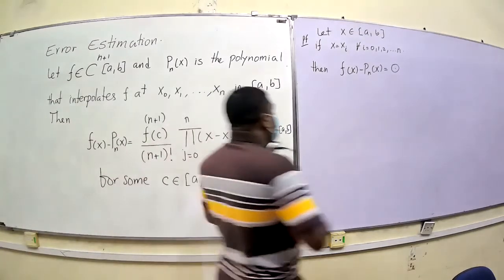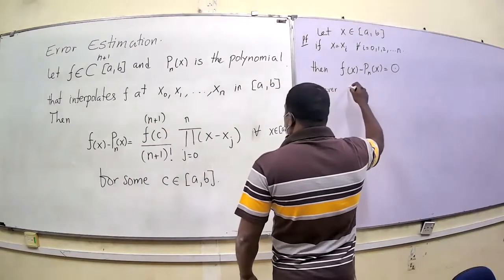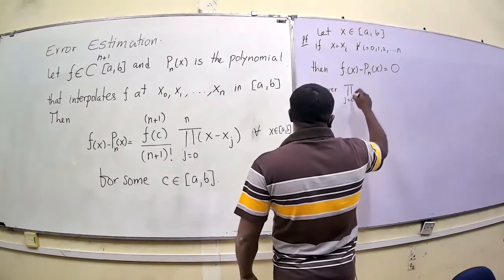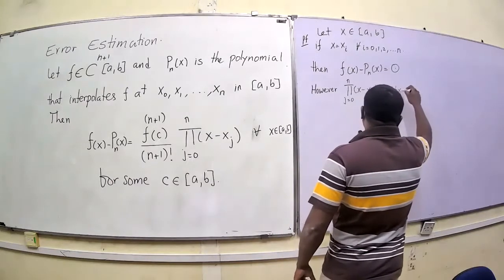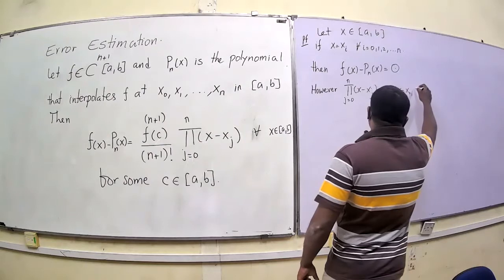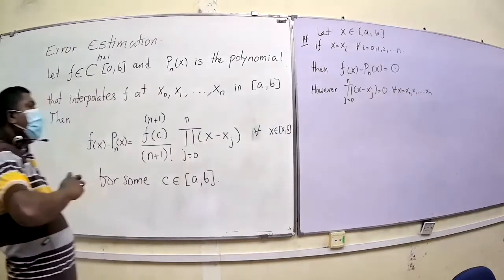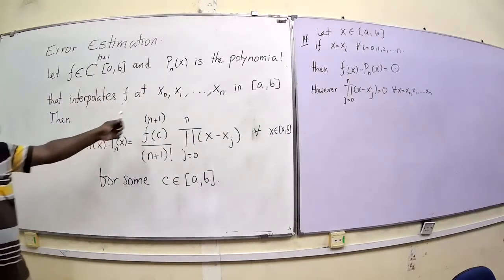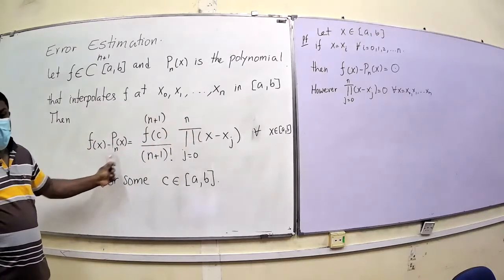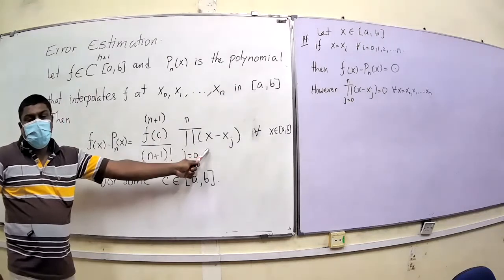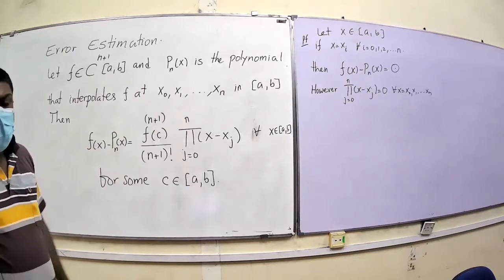So whenever x is one of those interpolating points, the left hand side is 0, and at the same time the right hand side is 0. So for those points, the result is true.